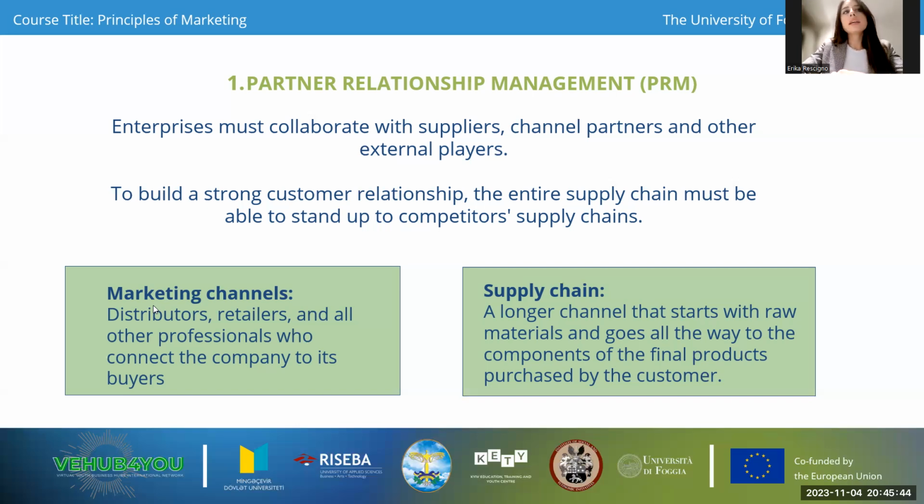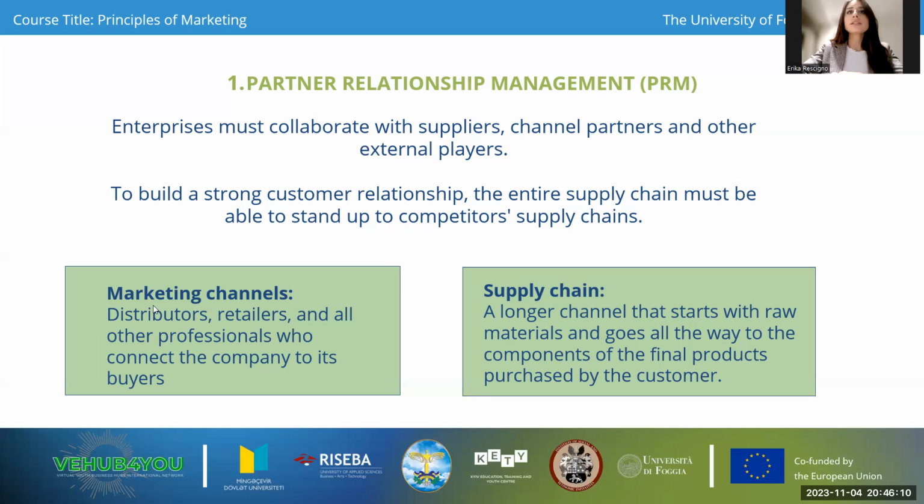Then I think it's important to define the concepts of marketing channels and supply chain, because they are really connected to the concept of partner relationship management. So a supply chain is a network of individuals and companies who are involved in creating a product and delivering it to the consumer.